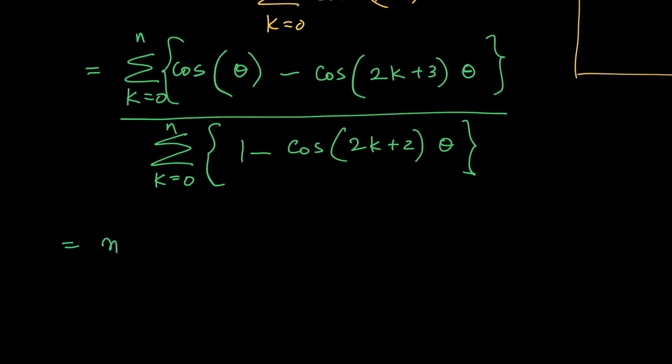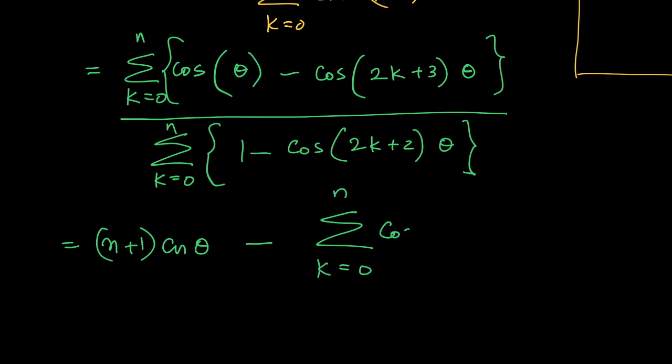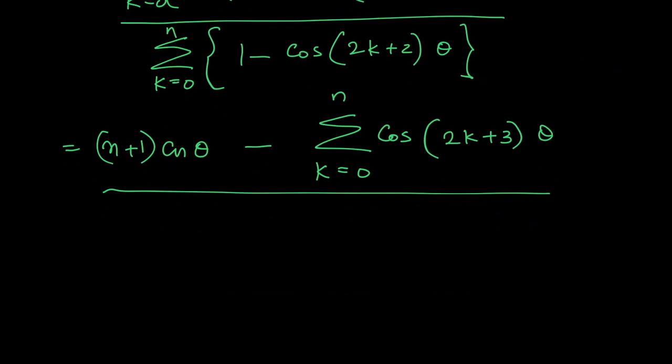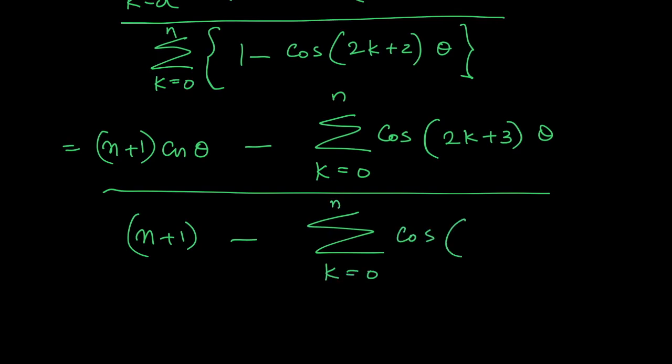When you distribute sigma, the numerator is n plus 1 cos theta minus sigma k is equal to 0 to n of cos of 2k plus 3 theta, divided by, in the denominator, n plus 1 minus sigma k is equal to 0 to n of cos of 2k plus 2 theta.